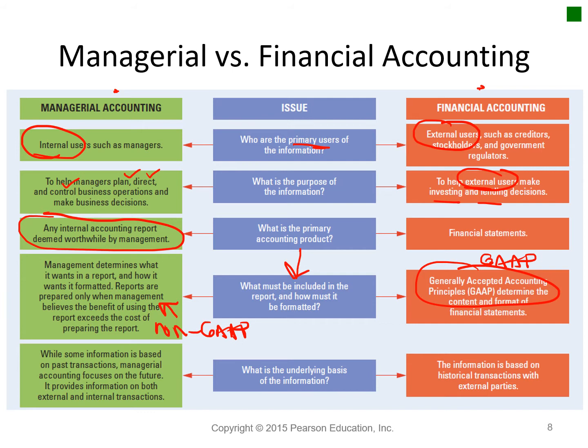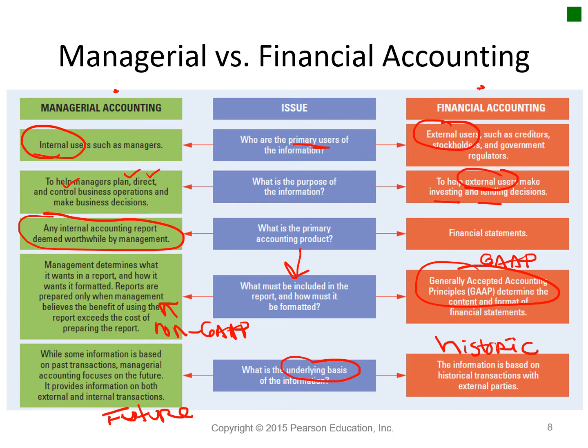And then finally, this is also a pretty big deal, the basis of information. Think of it like this. Financial accounting tends to look at historical data, so it's almost like you're looking backwards. In this class, I'm going to just keep it simple. For managerial accounting, it's a future emphasis. We're looking to the future.